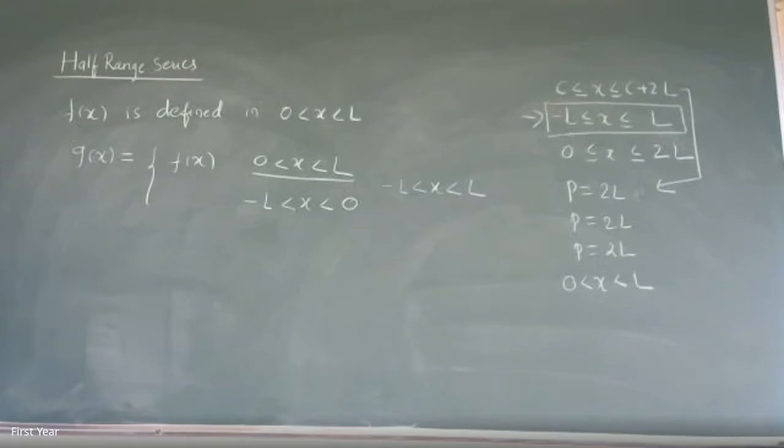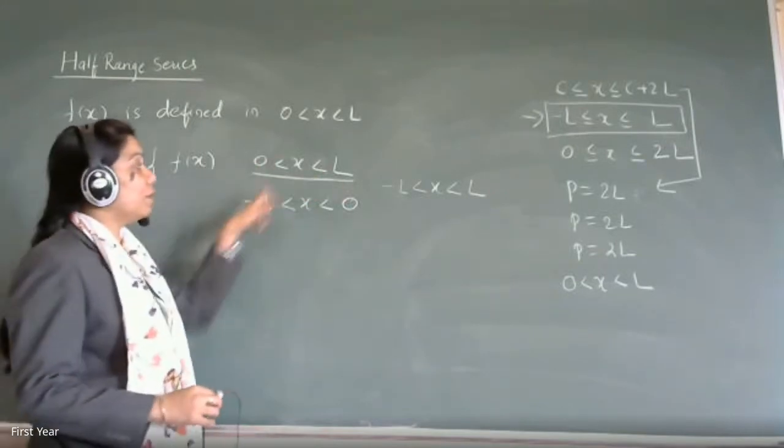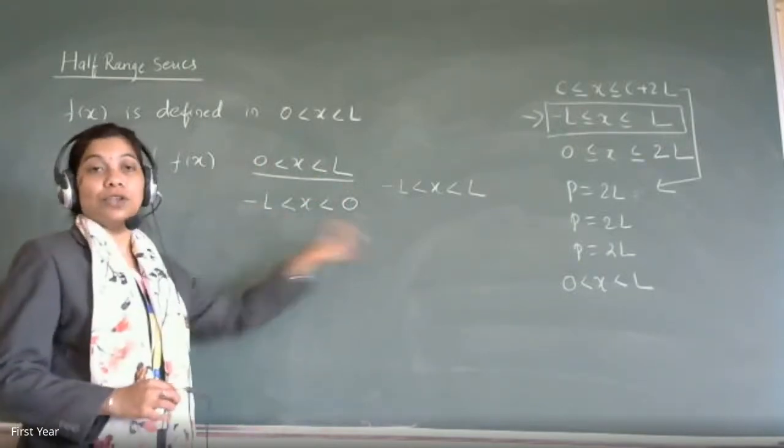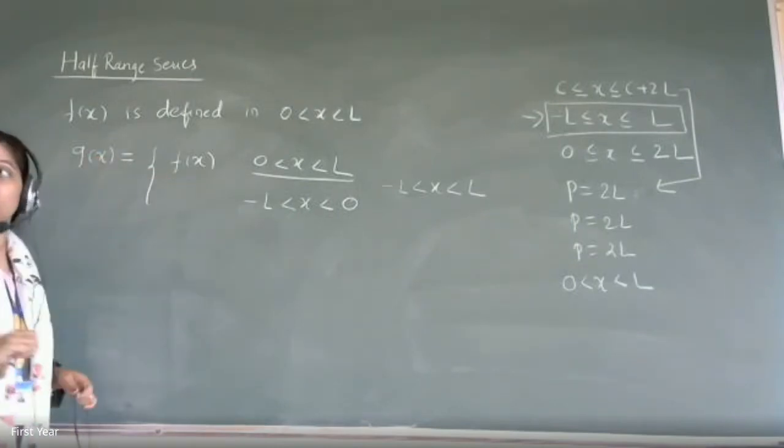Yes or no? Quickly, please. Yes, ma'am. Rishikesh. Full range, if it is minus n to n, then the half range is 0 to n. What will the remaining half range be? Minus n to 0.